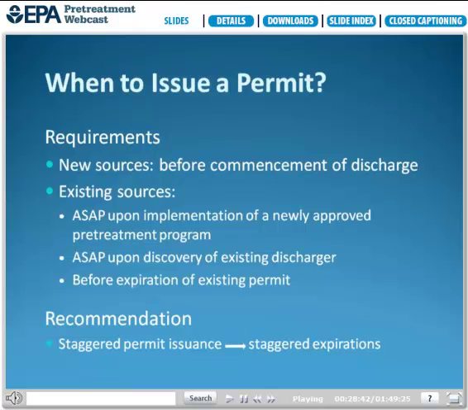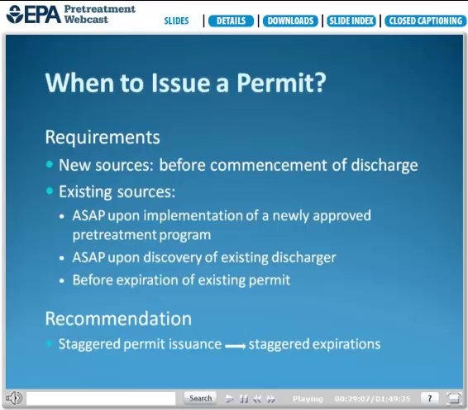You probably have already queued them up for issuing while you were waiting for the approval process to complete, right? Now, to protect your collection system and POTW treatment plant, you should realistically issue the permits as soon as you can because they inform those industries of actions they need to take so that the collection system and plant are protected.